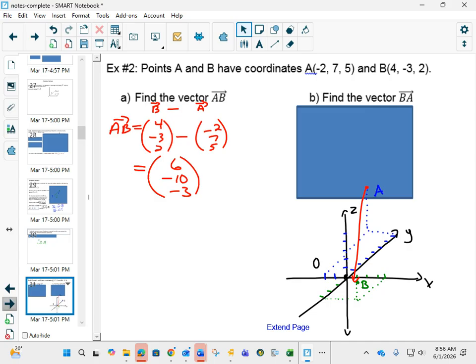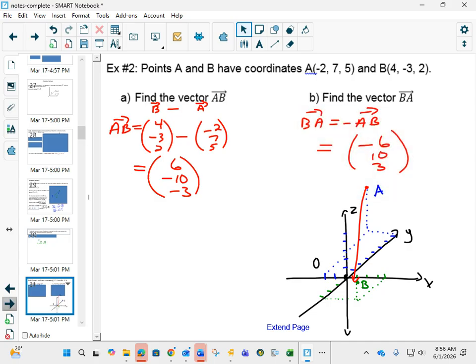You could figure out how to get from that point to that point, working in 3 dimensions and counting and all sorts of stuff, but dealing with the vectors makes it really, really easy. And then if this is A to B, B to A will just be the negative of A to B. So the same vector in the opposite direction is just the negative. That was one of our properties.